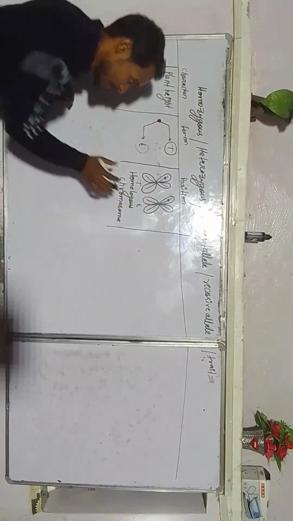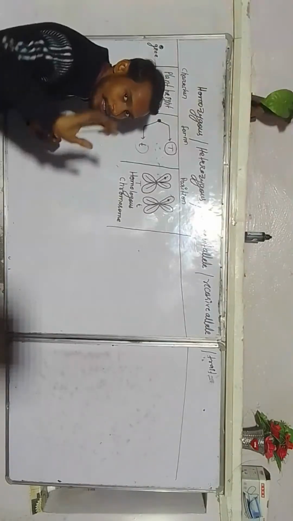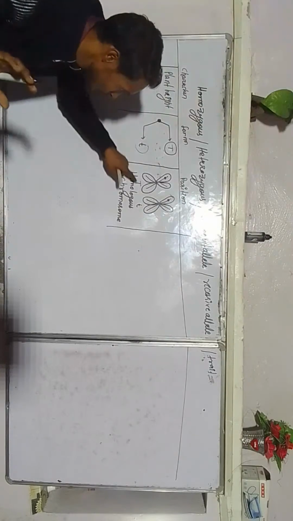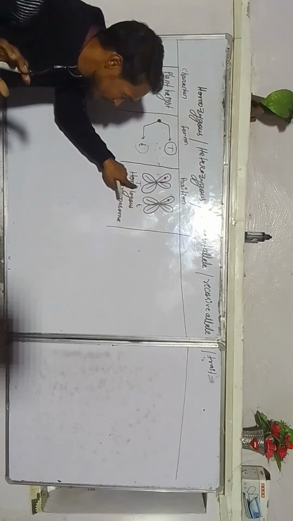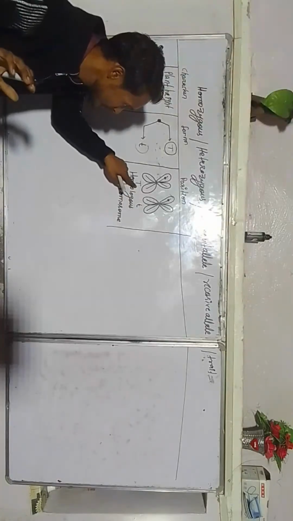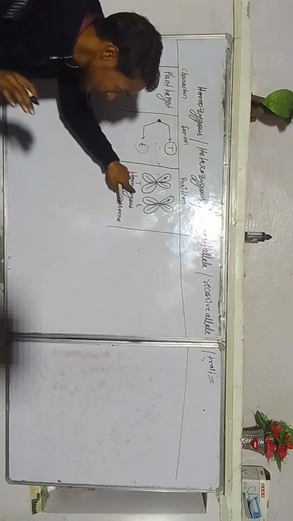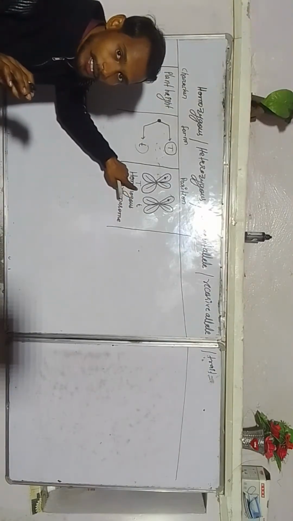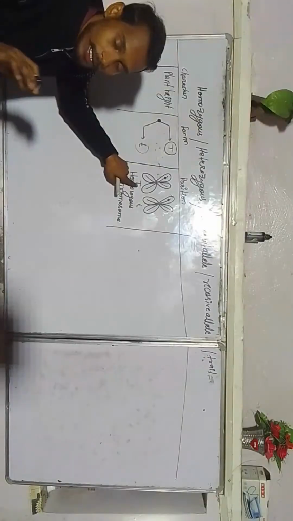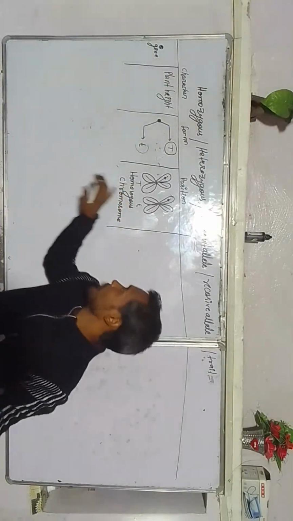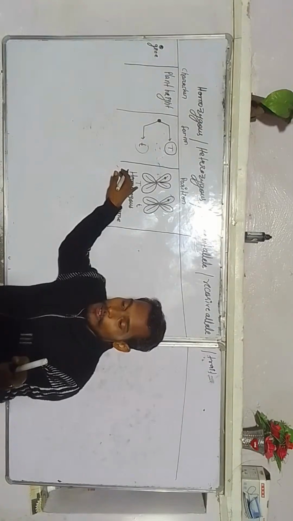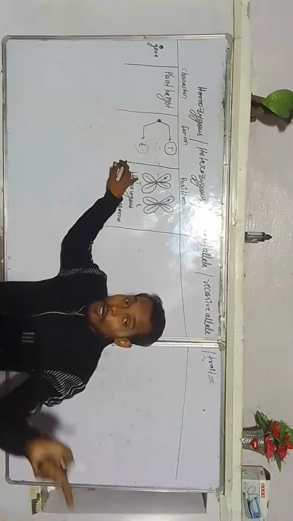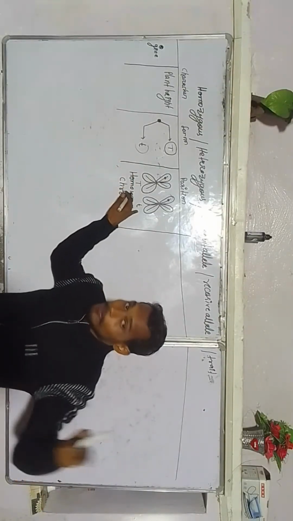You know this is capital T and this is small t. This is the same gene, but both are different gametes. When the parent, in sexual reproduction, passes these to the offspring, then the offspring will be tall, and when this one, the offspring is dwarf.